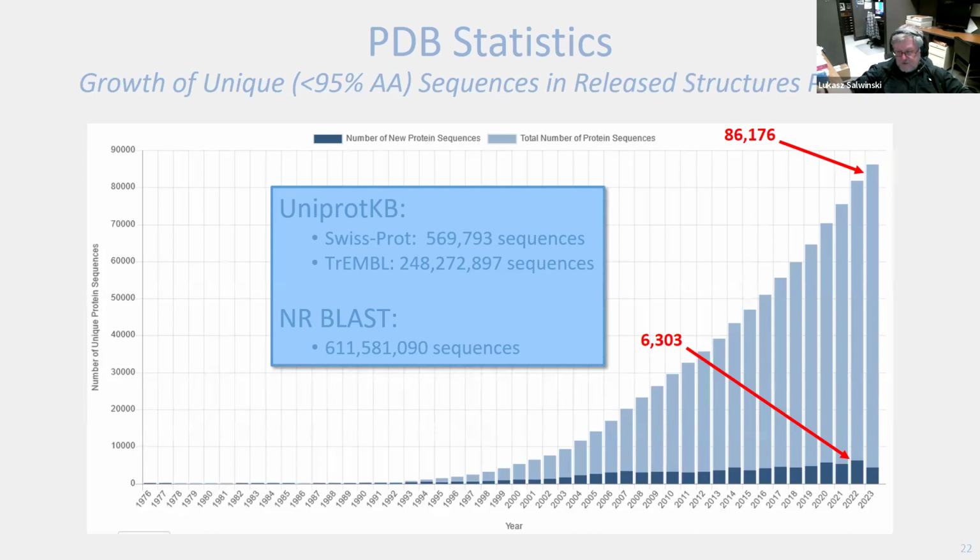On one hand, this oversupply of sequences is bad because it's too much for structure determination. But on the other hand, we're getting a large collection of sequences that are related to each other. A lot of those sequences are quite similar.